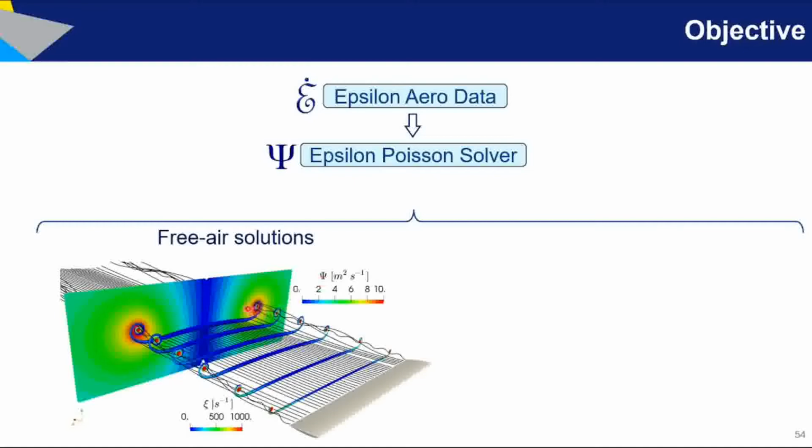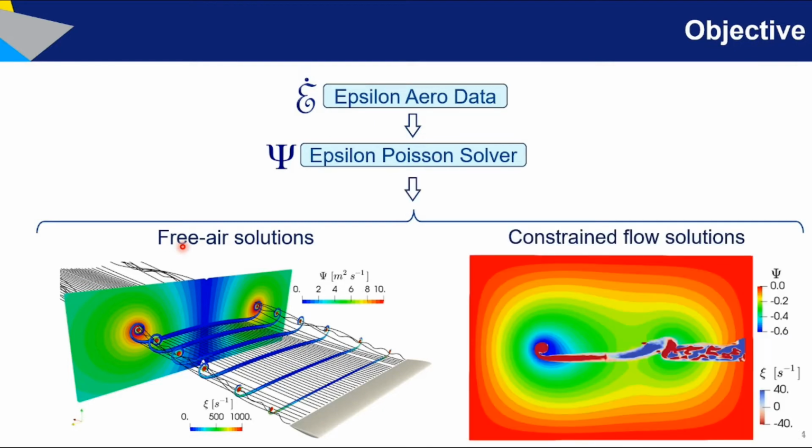The stream function basically can be visualized as the streamlines lying on that plane that are associated to the rotational velocity of the flow field. This solution is, first of all, provided for Fourier solutions, but you can also solve this Poisson equation in constrained flows, that is in a wind tunnel.